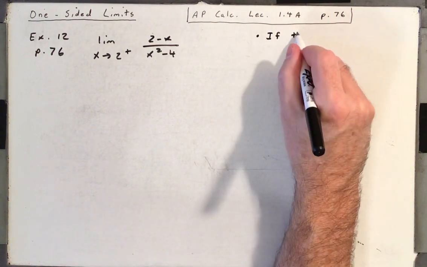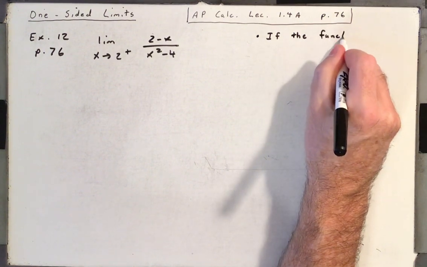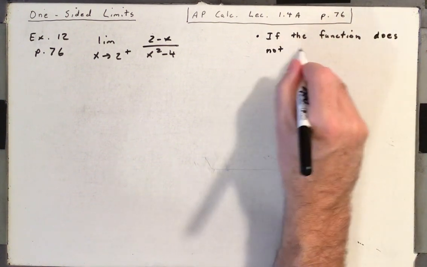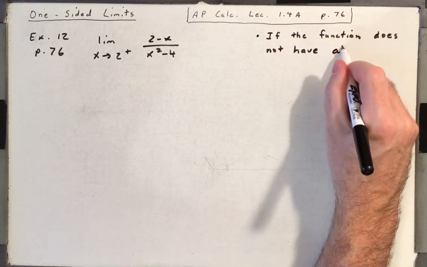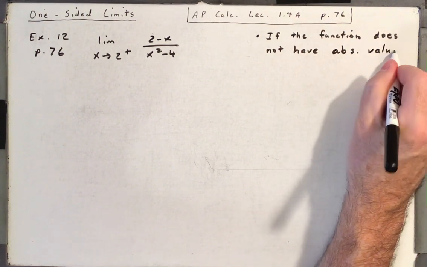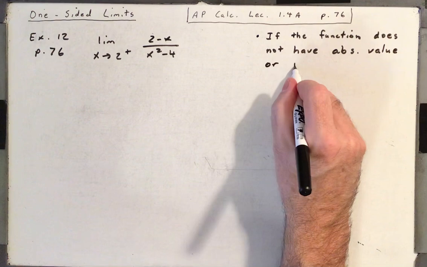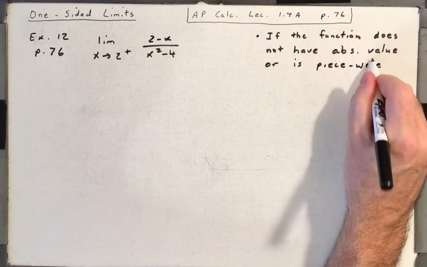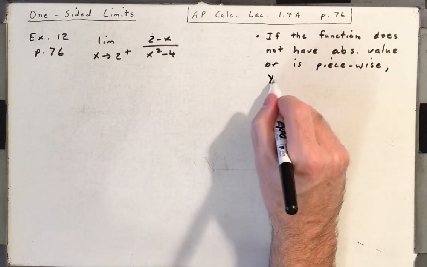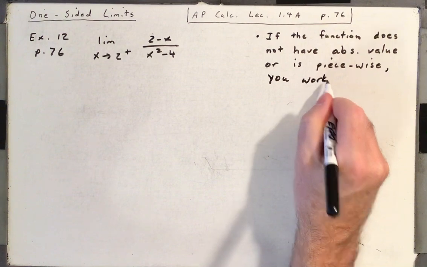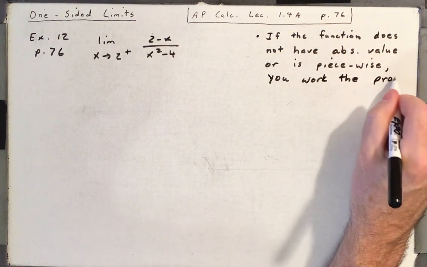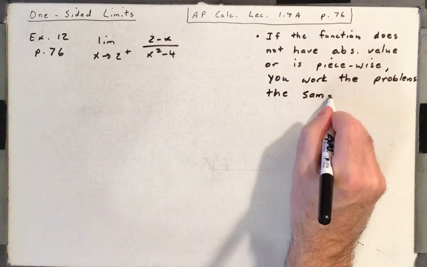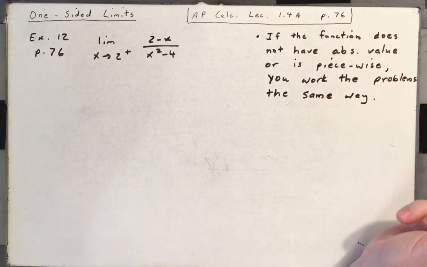If the function does not have an absolute value in it, or is piecewise, you work the problems the same way, the same way as what we did in section 1.3.